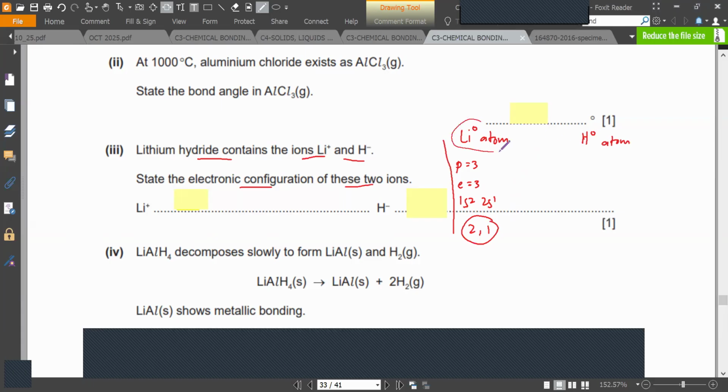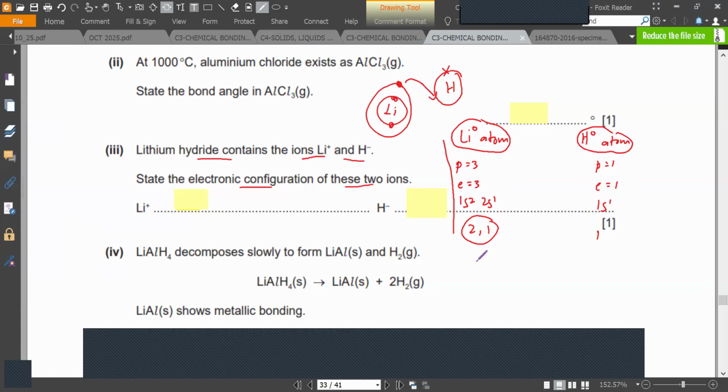So hydrogen atom, one proton, one electron. So it's just 1s1. So lithium atom, to form the full shell, will lose the outer electron to the hydrogen.